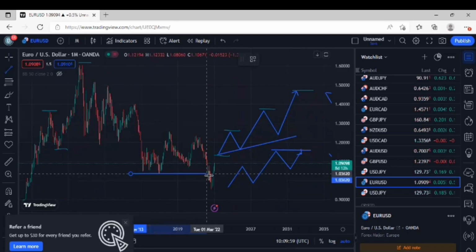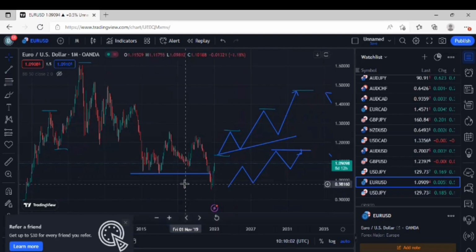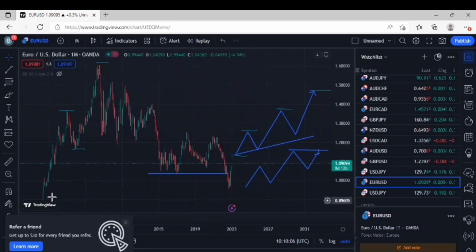So this downtrend still continues until we get to this final stop here. So far it has broken the previous structure, so the downtrend still continues.